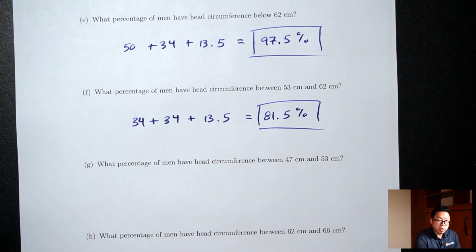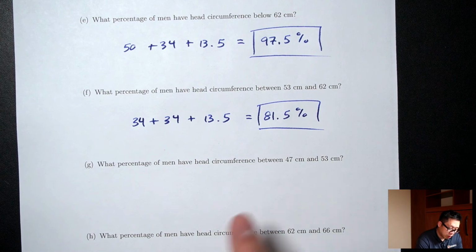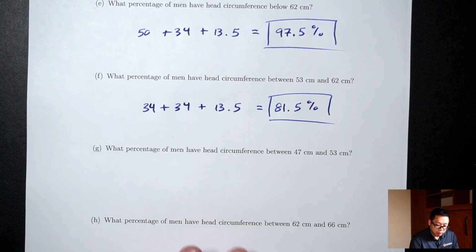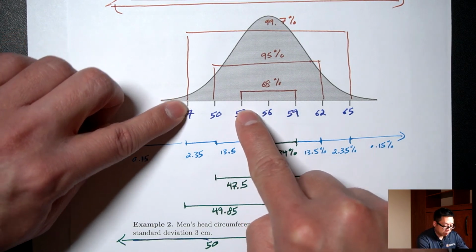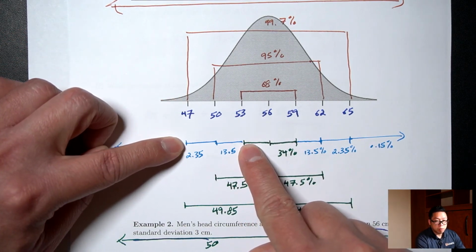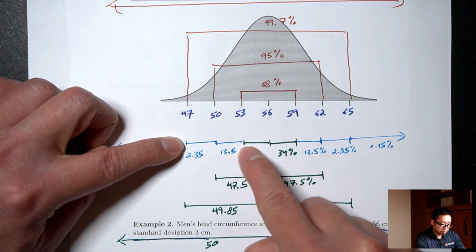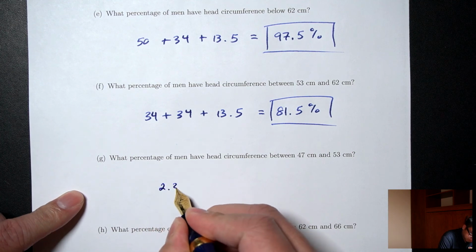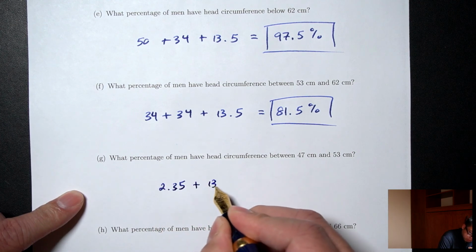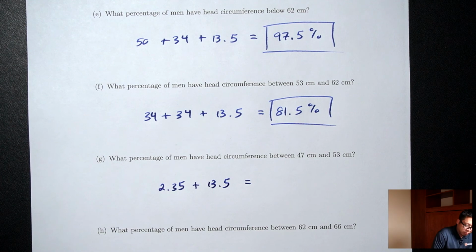Part G, what percentage of men have head circumference between 47 and 53? 47, 53, 2.35 plus 13.5, those two. 15.85%.